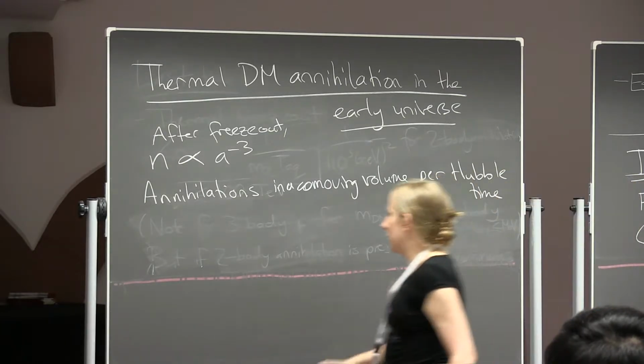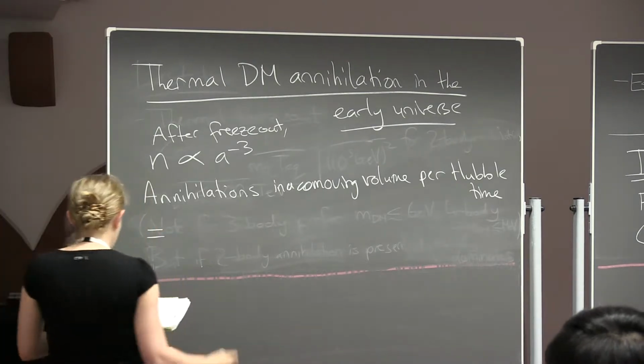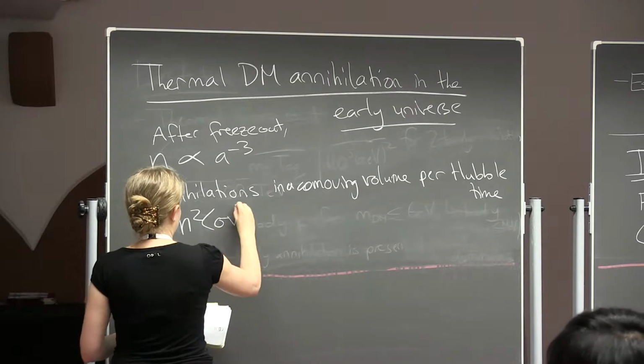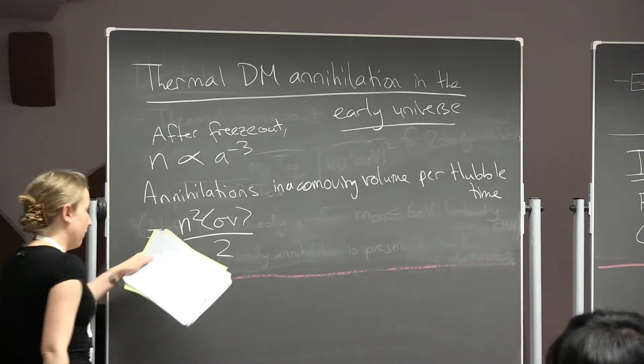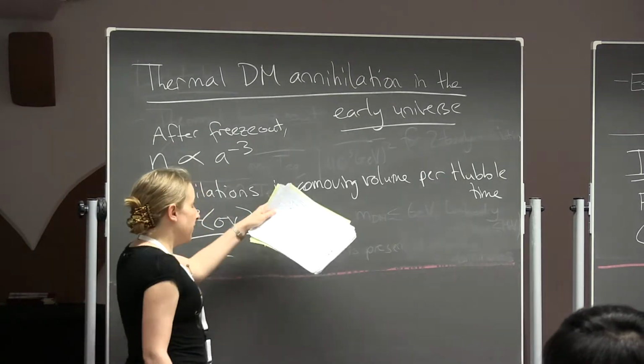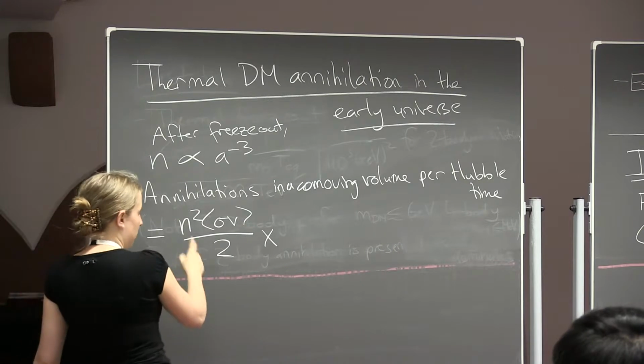We'll see in a moment why that is a useful diagnostic. Okay, so the annihilations per physical volume per unit time goes like n squared sigma v divided by 2.